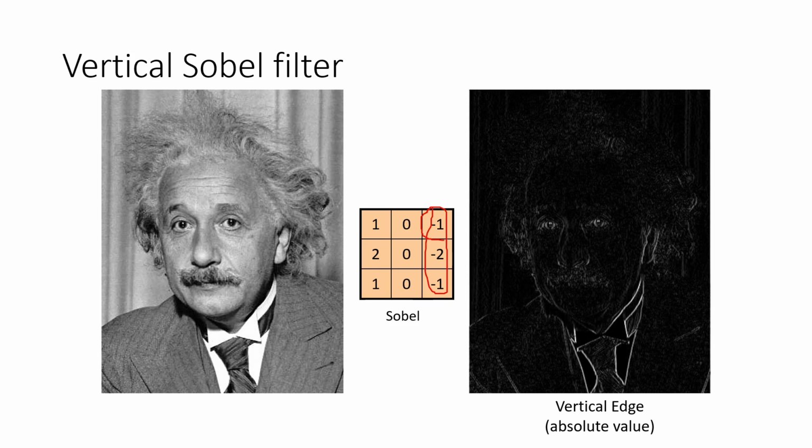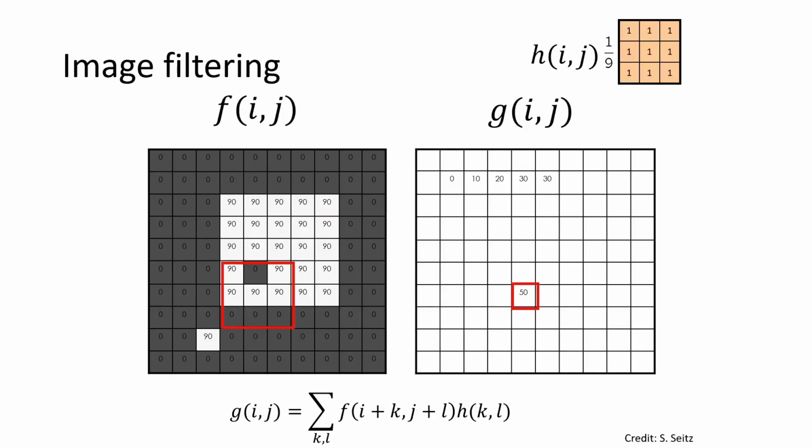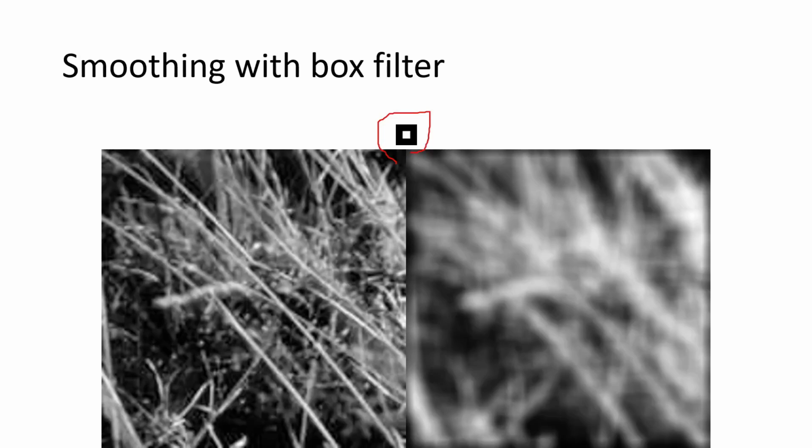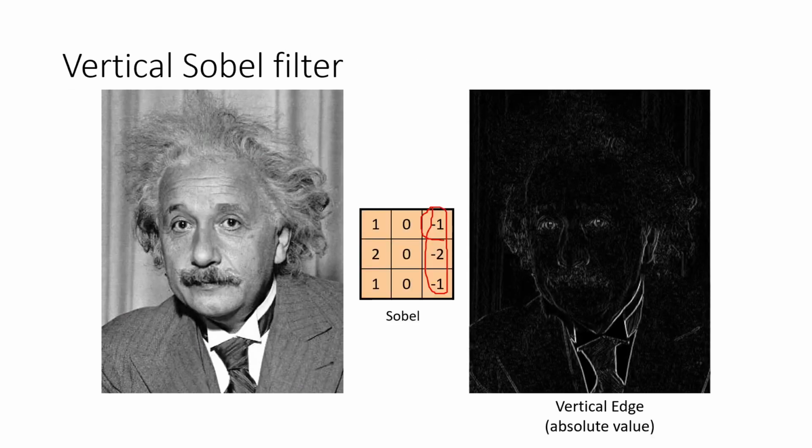Okay, let's say, I should say, convolution or correlation means the weighted sum of the surrounding pixels. Okay, and here, since we have some negative values, when you see, for example, this region, the left part is dark, so the value is small, and the right part is bright, and the value is large.